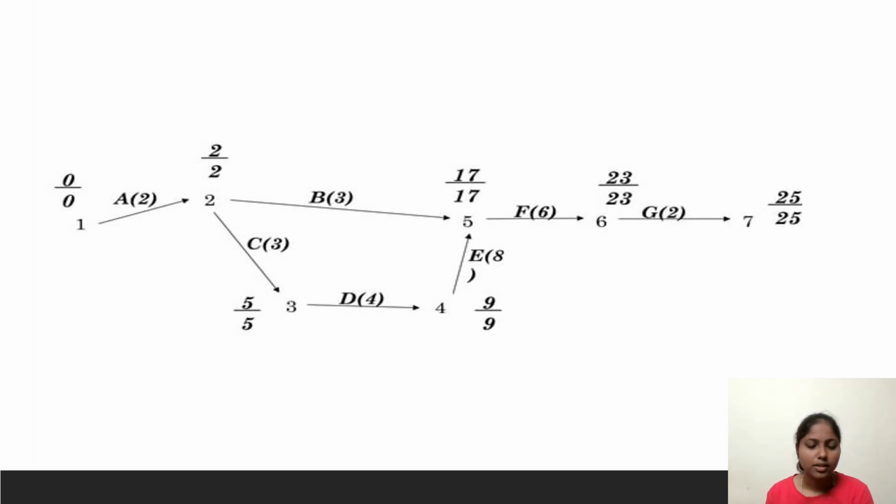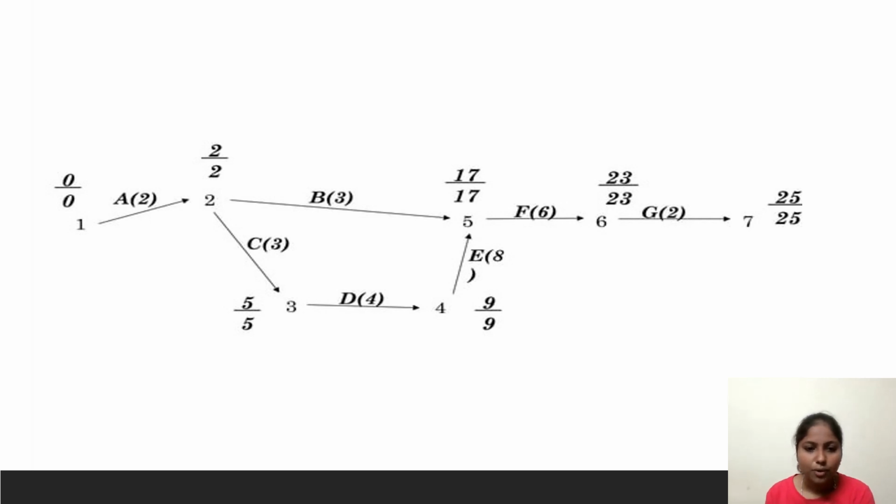Then 2 plus 3 is 5 for activity C, then 5 plus 4 for D, 5 plus 4 is 9, 9 plus 8 is 17. But for activity E, two times are given.